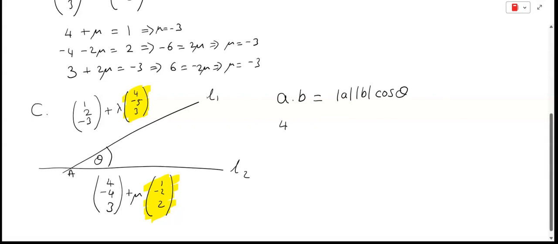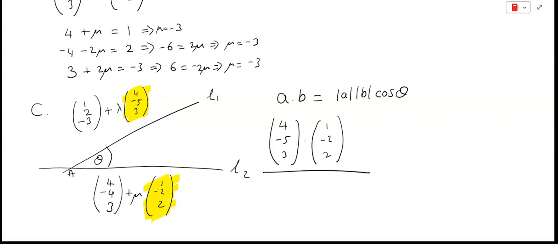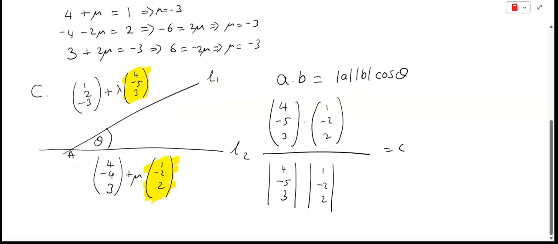So it's going to be (4, minus 5, 3) dotted with (1, minus 2, 2), divided by the magnitude of (4, minus 5, 3) times the magnitude of (1, minus 2, 2), and that's equal to cos theta.